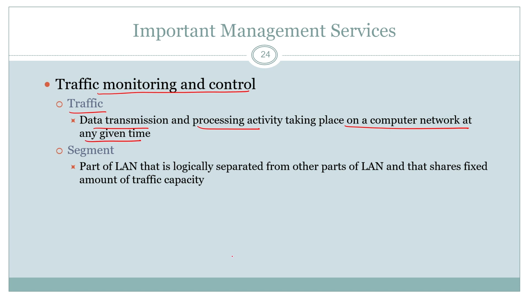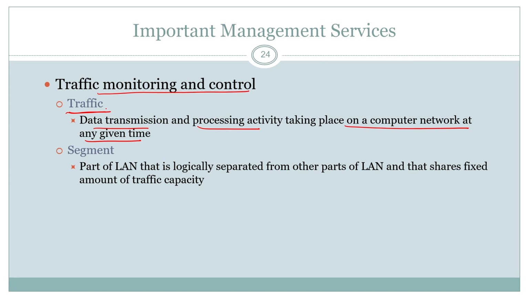Traffic management means making sure that everybody can communicate data to the server or among themselves without choking the network, because every network interconnection, whether it is a coaxial cable, a twisted pair or fiber optics, has a limit on how much data can be transmitted. So, how to manage that so that data transmission never gets choked and the network continues to function smoothly, that is part of traffic monitoring and control.